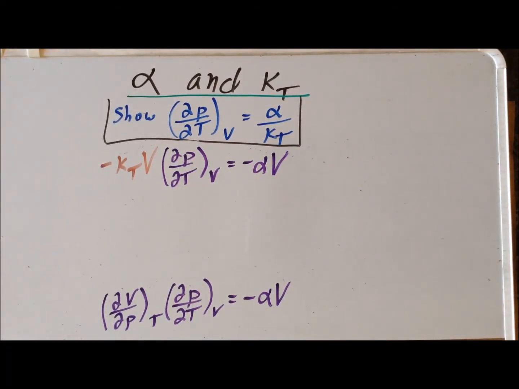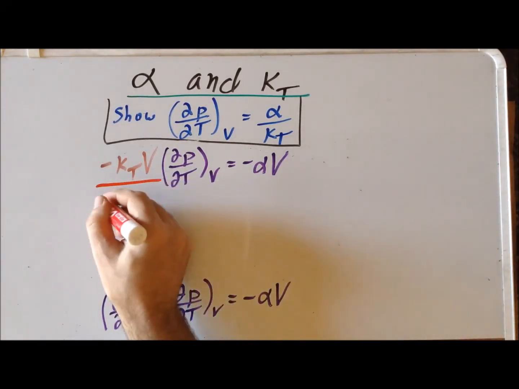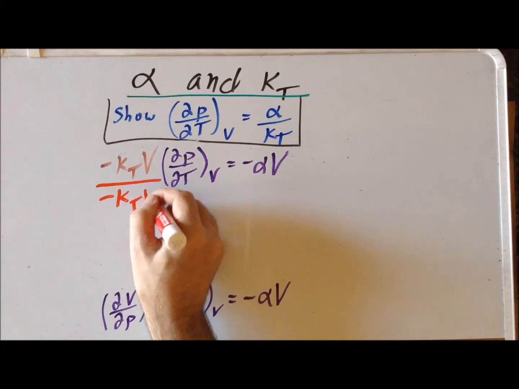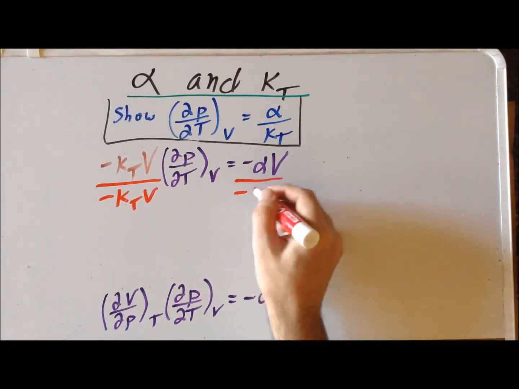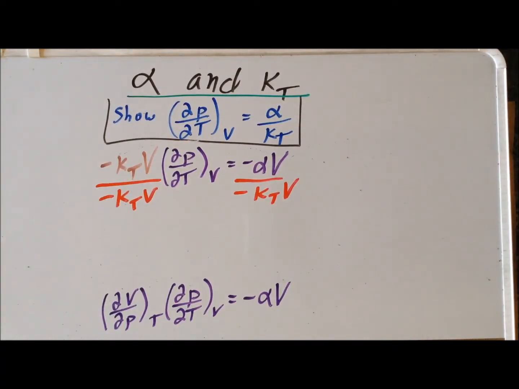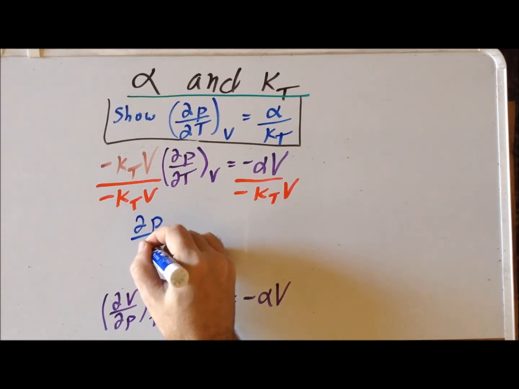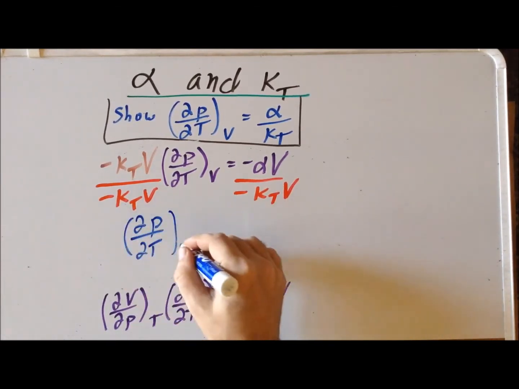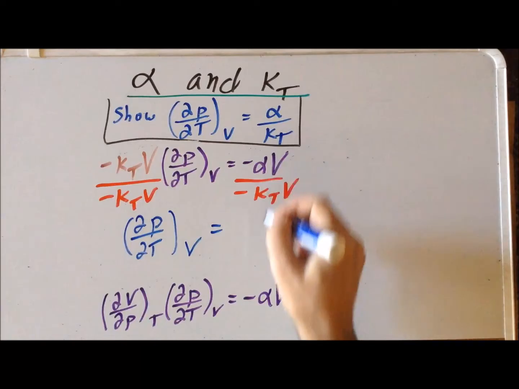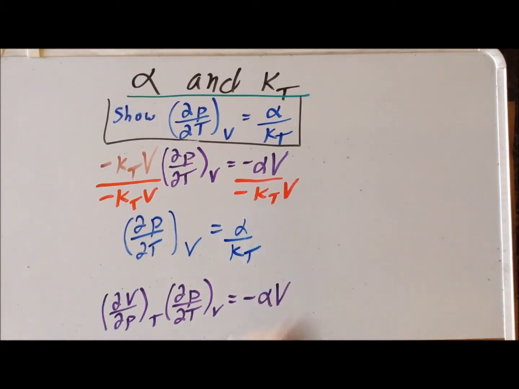And we only have one step left to go. We can divide each side by minus K sub T times V. And we get, as a result, that the partial derivative of P with respect to T under a constant volume circumstance is equal to alpha divided by K sub T. And this was exactly what we had wanted to prove.